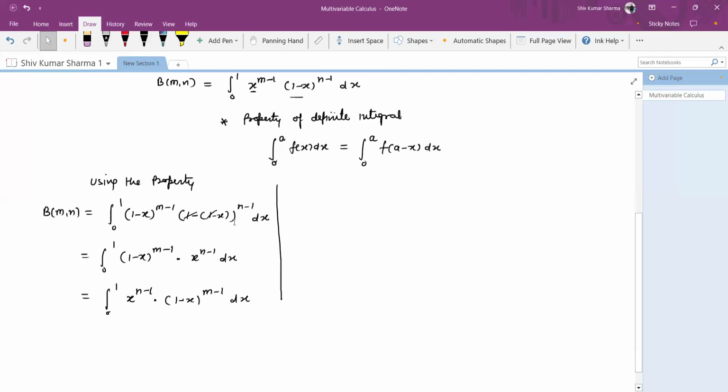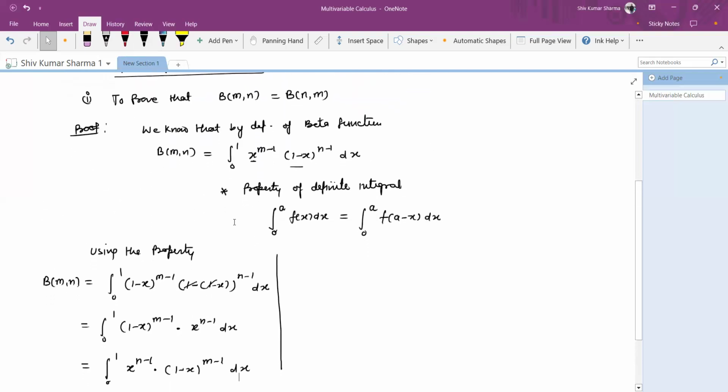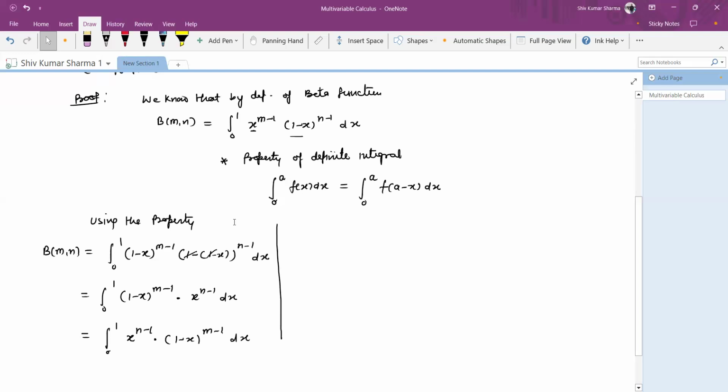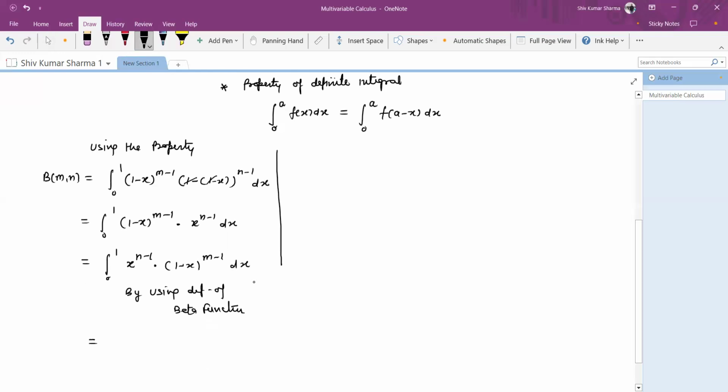Now what will we do? We will compare this with the definition of beta function. So where we had m, now in place of m, n has come, and in place of n, m has come. So using the definition of beta function, this can be written as beta n comma m. So this is our proof.